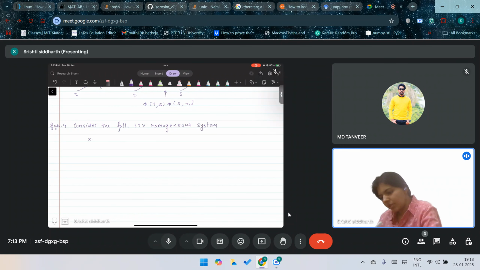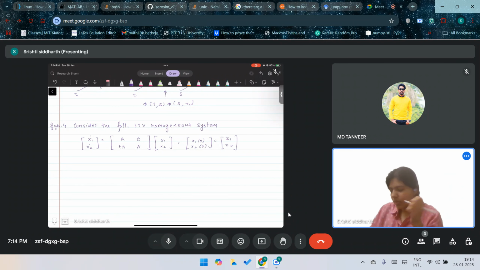We have the differential equation x1 dot, x2 dot, and then the states x1, x2. Sorry, this is the homogeneous case. So this is [0, 0; tA, A] with the initial conditions as z1 and z2.